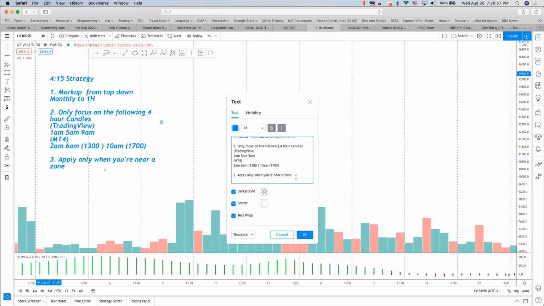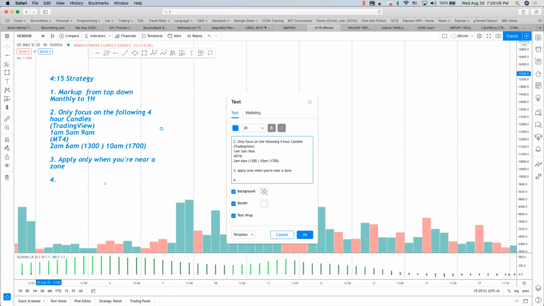Next, become accustomed with the fact that these candles are the candles that move the market the most, right? So the majority of the moves that we get come on one of these or between these 3 candles each day when you're trading indices.